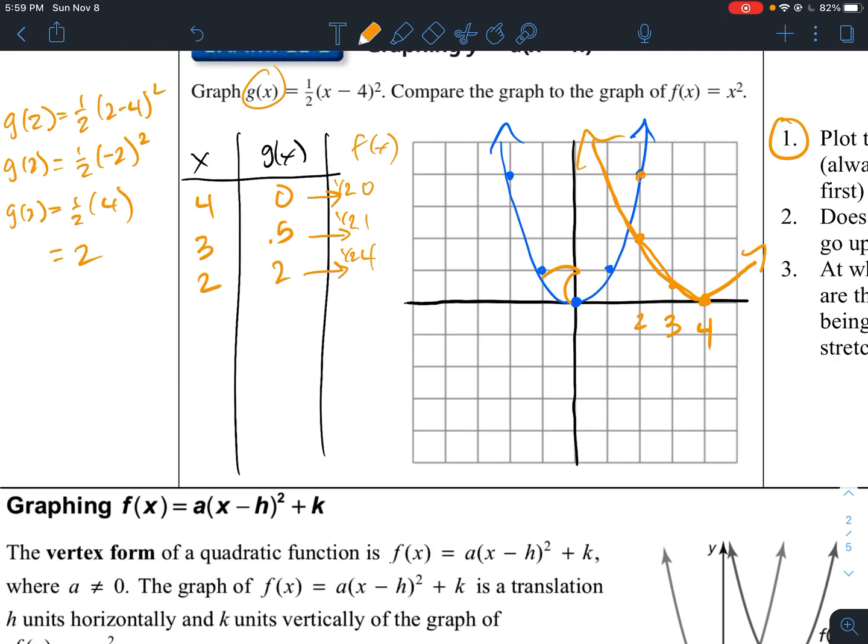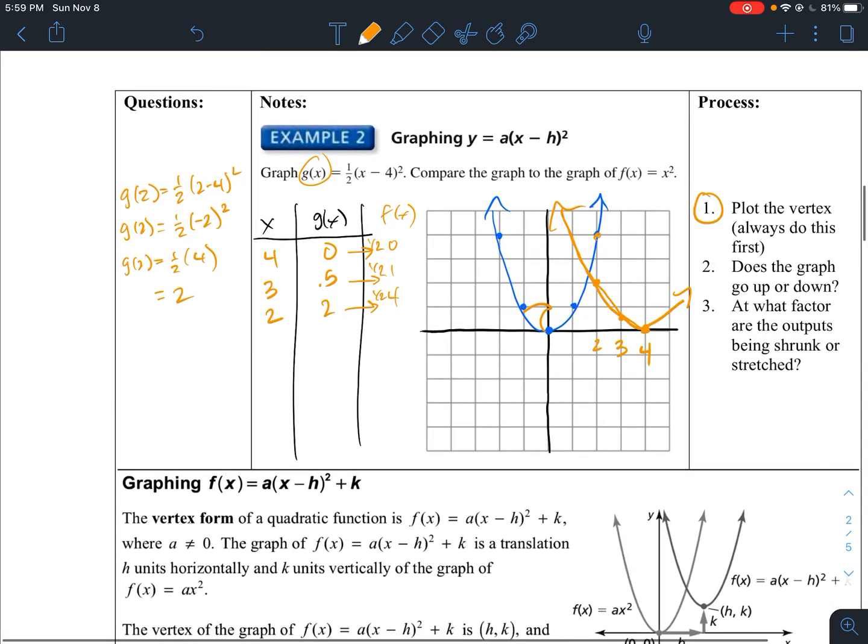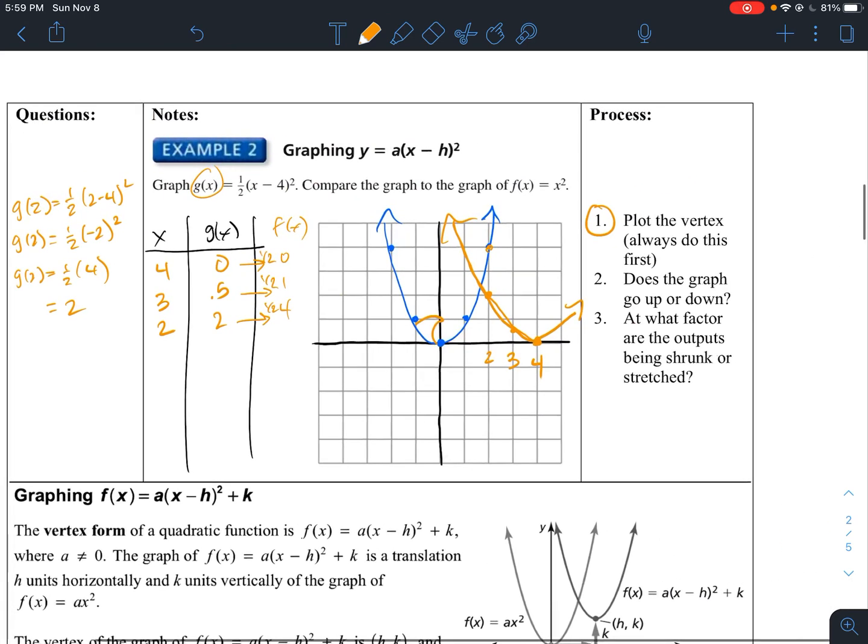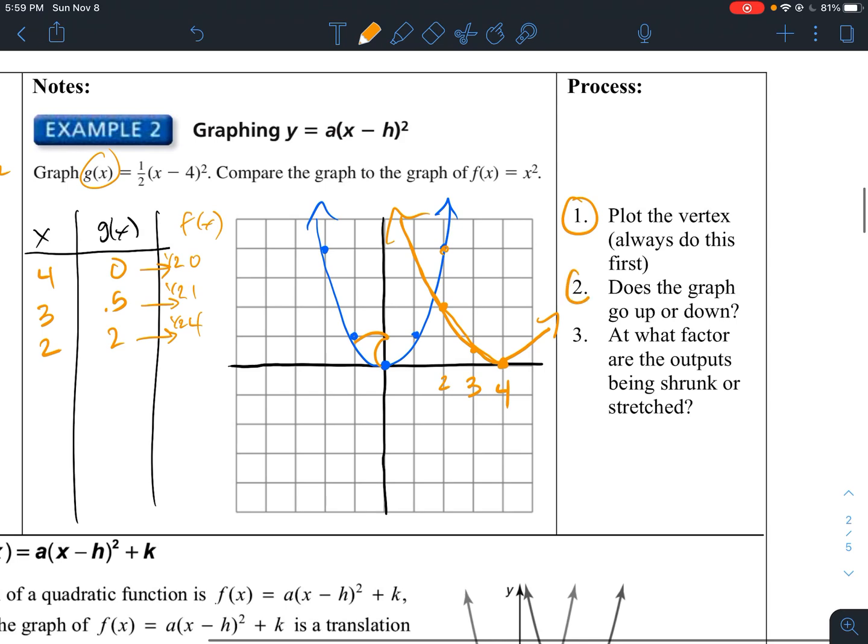So that is the graph of g of x. Also, I forgot to mention that we do know that the graph faces upward because the a value is positive, and that's whenever we take into account the shrink or the stretch.